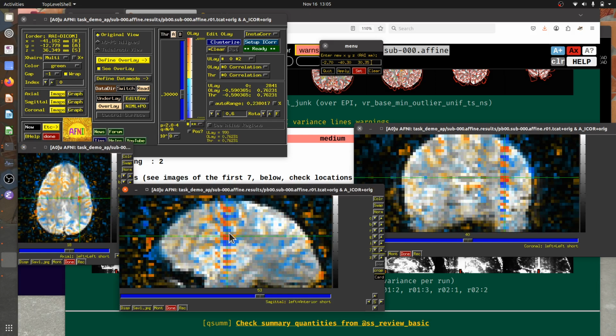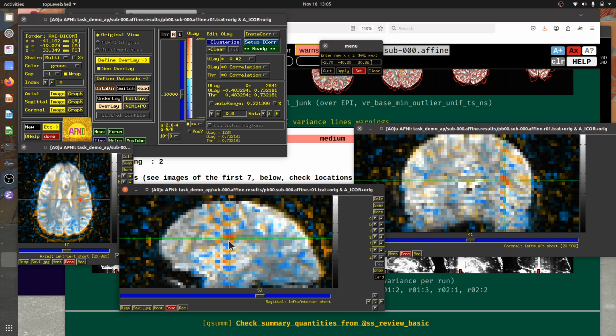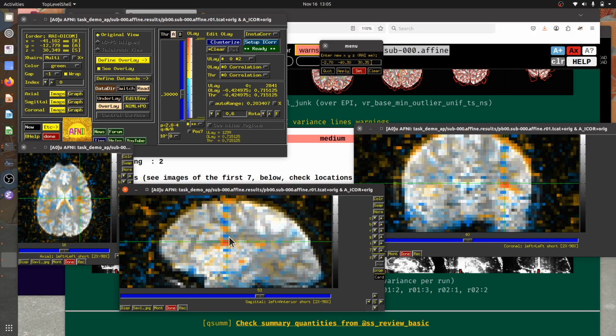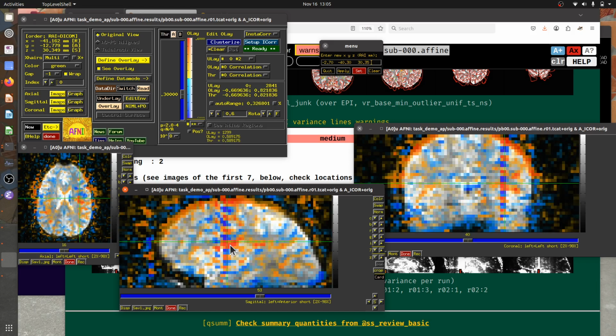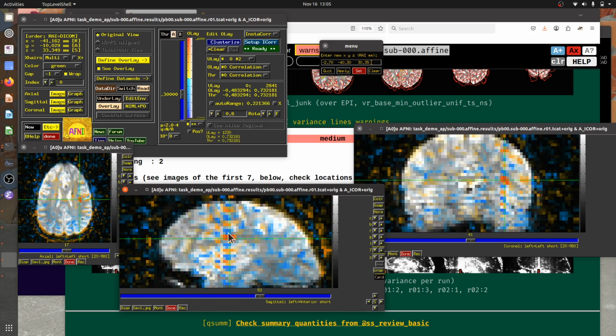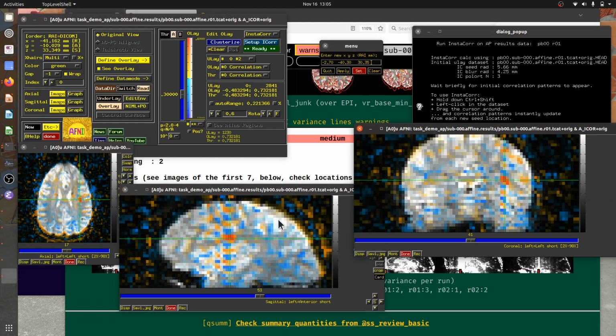I'm in a different location and I just found another one. I could have gone to a location that the program told me, but historically the way we found this was by using Instacore in processed data and still seeing these weird patterns show up. So unfortunately, when we see these in the raw data, processing really can't get rid of them. These are really ingrained as spatial temporal artifacts in the data.